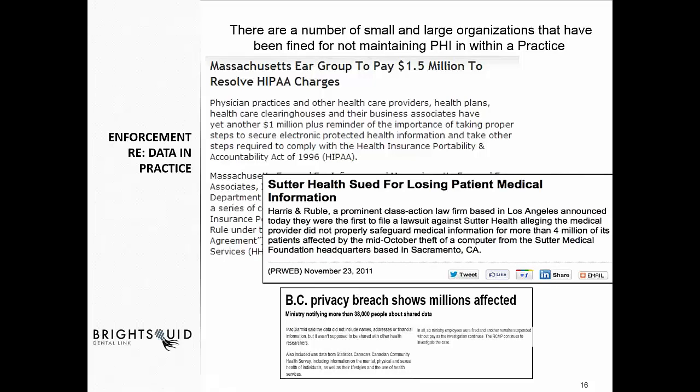The Massachusetts Ear Group, $1.5 million, Sutter Health, and these are very large organizations. This was not just a fine levied against Sutter Health; a lawsuit was also initiated, so Sutter Health ended up being liable not just to pay the fine, but also as a response to the lawsuit that was filed.